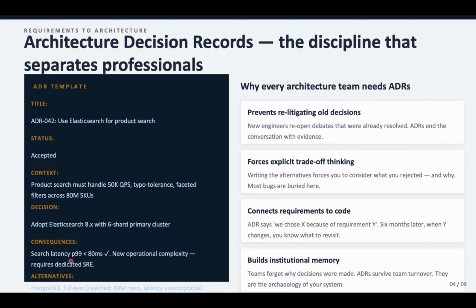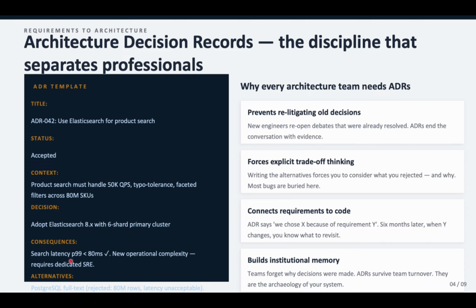Like in our case, search latency at the 99th percentile is under 80 milliseconds. A percentile means if 100 people use search, 99 of them will get results in under 80 milliseconds, and only one might be slower. So we achieved our SLO, and there is new operational complexity.